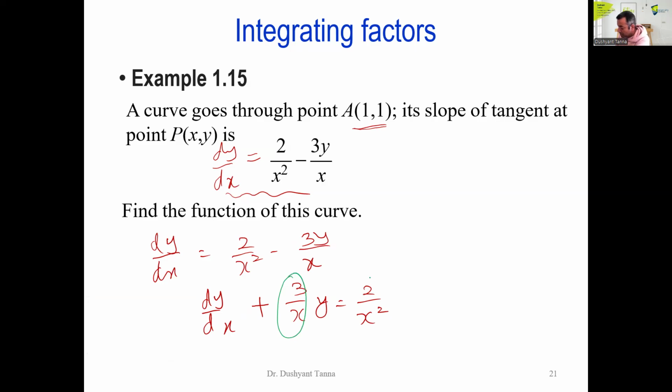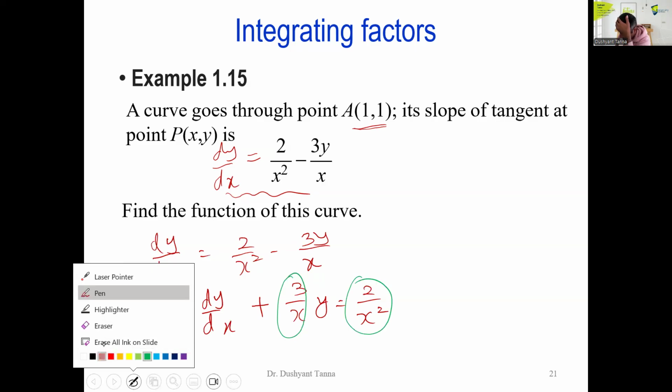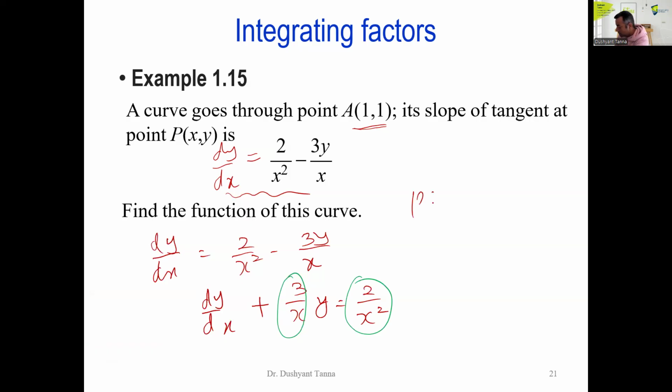So this is my P and this is my Q. My P(x) is 3 over x and Q(x) is 2 over x squared. And then it's a standard approach, until you figure out all the C and y is equal to something, that's your general solution.